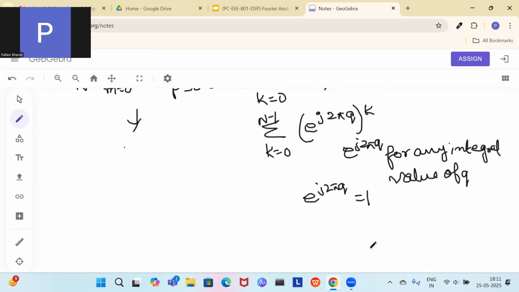Good. Now what we are going to do is sum over k equals 0 to capital N minus 1 of 1 to the power of k. Now 1 is getting added from k equals 0 to N minus 1. That means it is getting added N times.